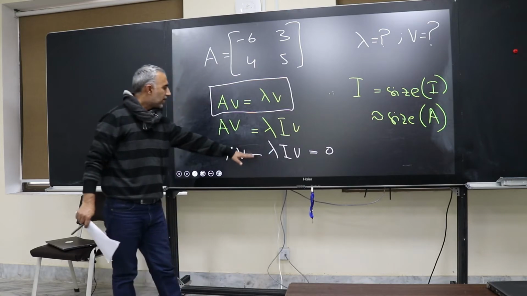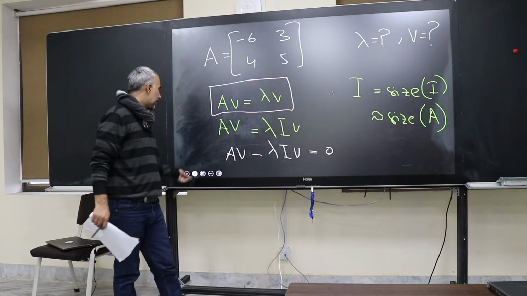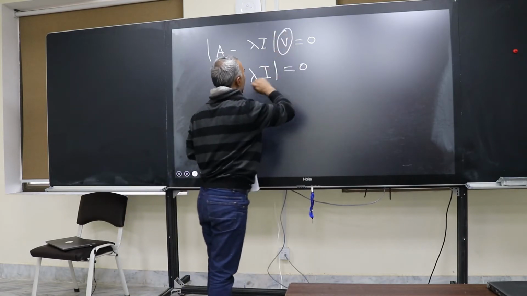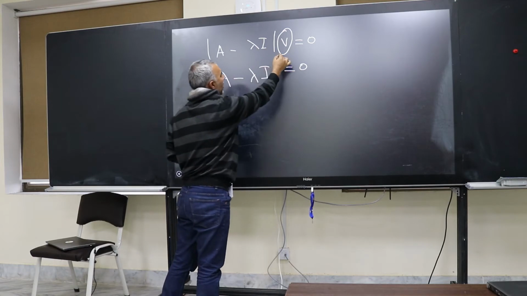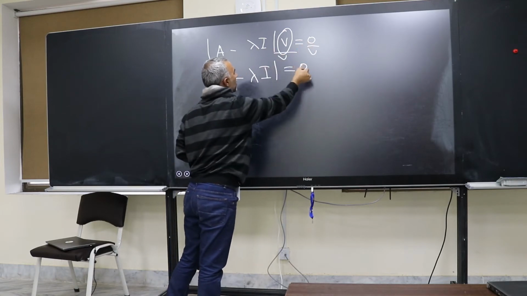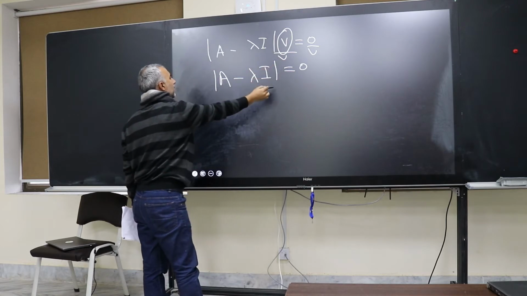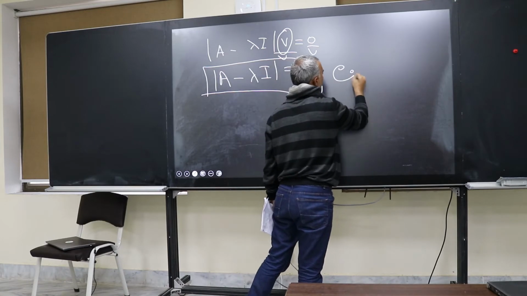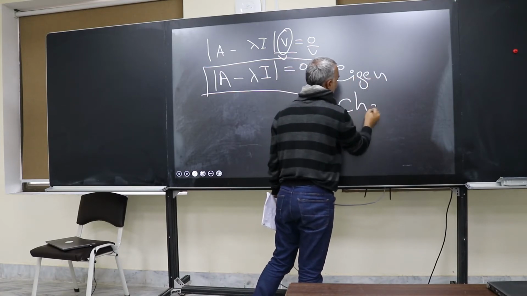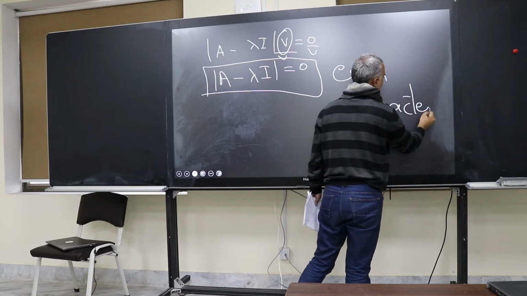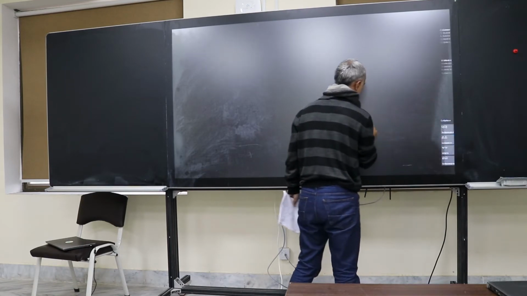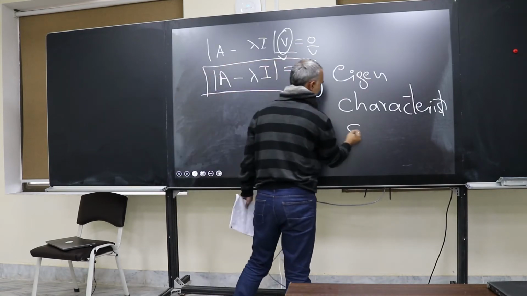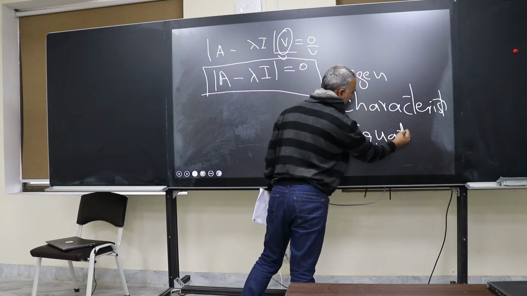So here, subtraction by bringing this to the left hand side, considering this term as a common multiple in both terms, by dividing both sides by V, this whole becomes 0 and we get rid of the eigenvector, remaining this. And this is known as the characteristic equation.